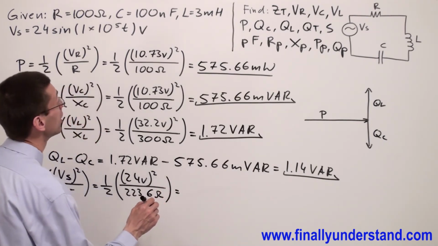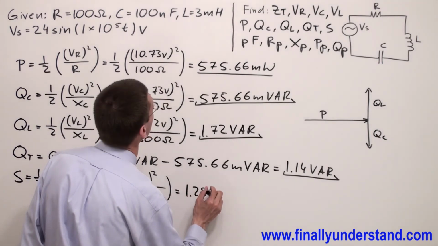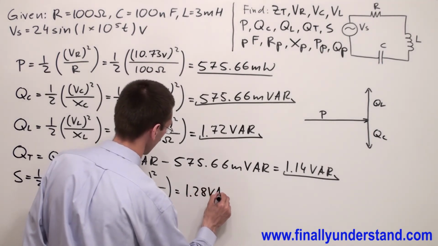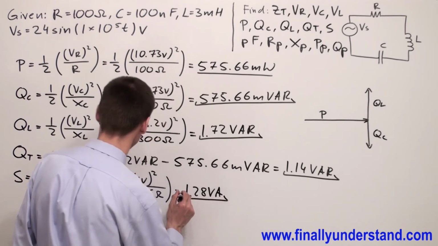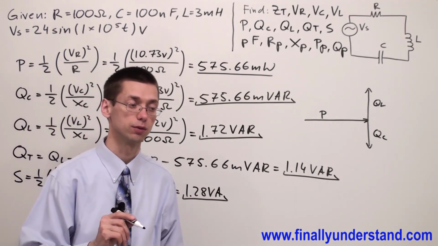Everything is equal to 1.28 volt ampere. Okay, so this is the apparent power in my circuit.